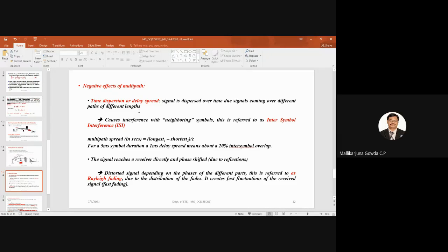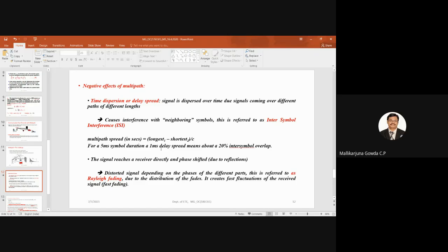The multipath spread, or delay spread, is equal to, just an example I've given here, the longest path T1 minus the shortest path T2, divided by c. That is the interval duration divided by the speed of light. If I take a 5 millisecond symbol duration, a 1 millisecond delay spread is about 20% of this, so that leads to inter-symbol interference, meaning there will be overlap.